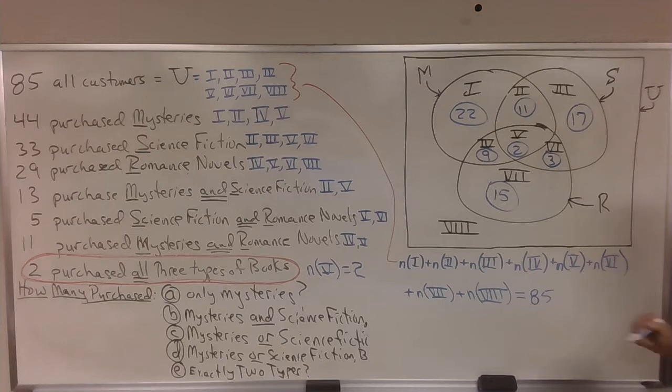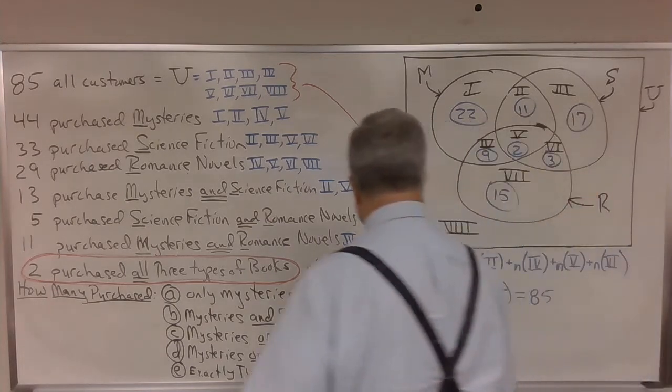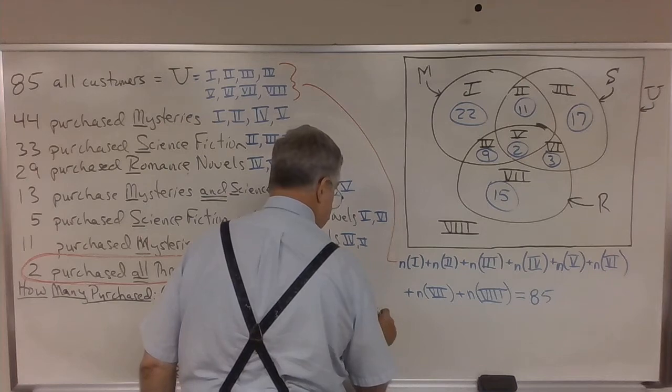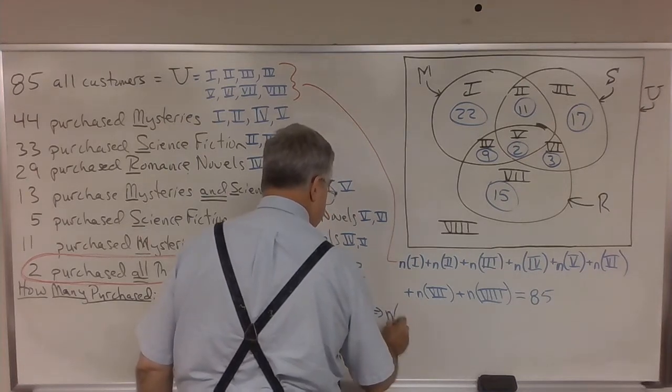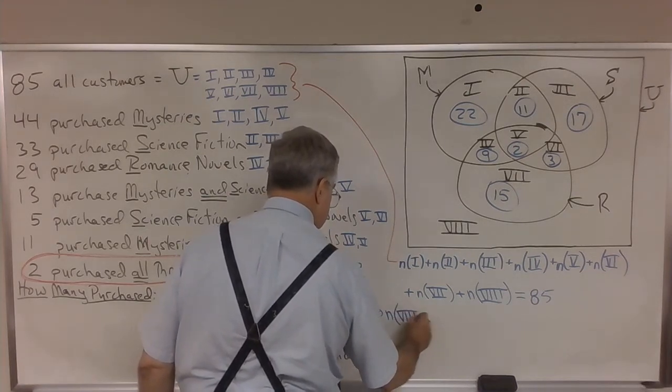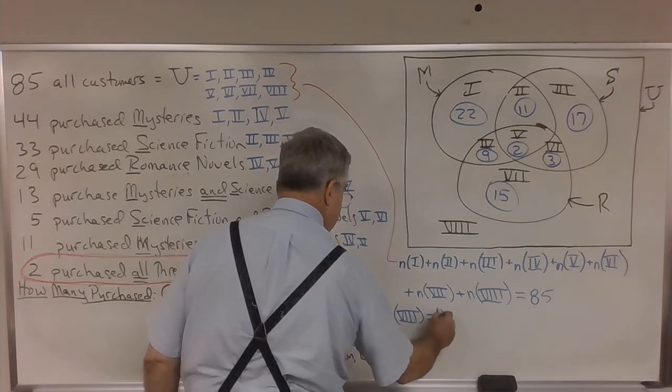And we know everything except how many people are in region 8. So we'll keep this on the left and move everything else to the right. So let's see. Number of people in region 8 equals 85.